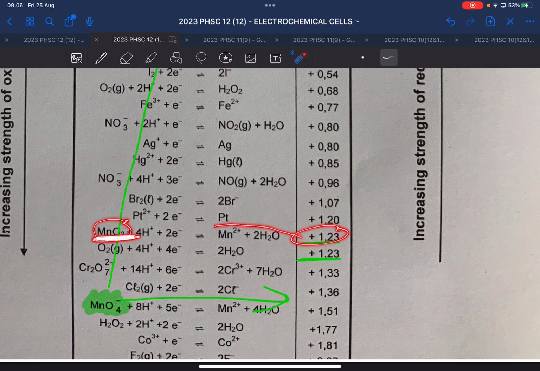We did it last year. Yes, manganese dioxide.